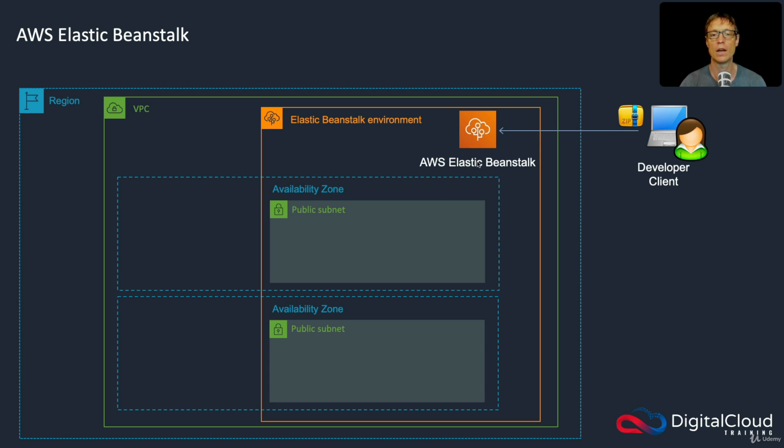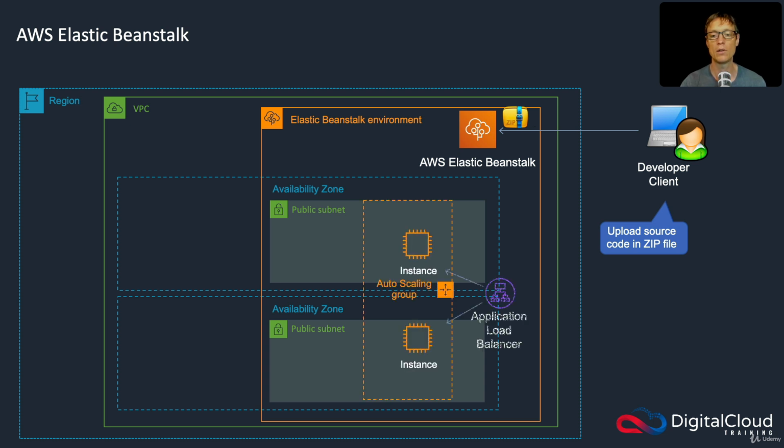So let's have a look at an example. In this case, the developer uploads a zip file to Elastic Beanstalk, and that zip file contains the code for an application. Elastic Beanstalk will then build everything in this environment.